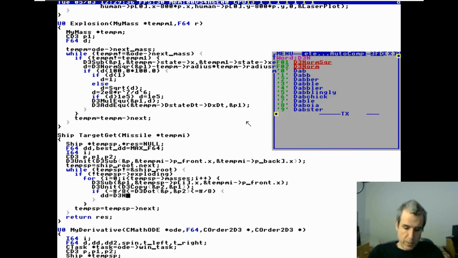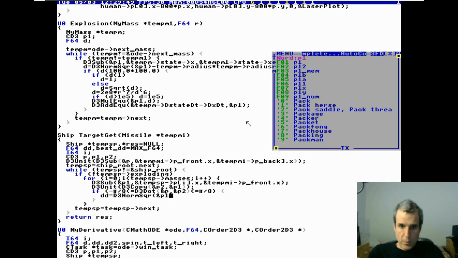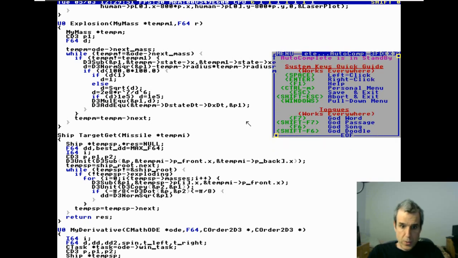Norm squared of P2 P3 P1, norm squared of, well, we already took the square root when we made it a unit vector.